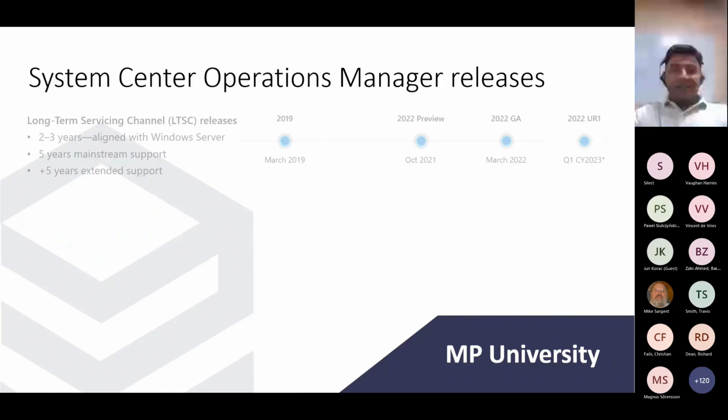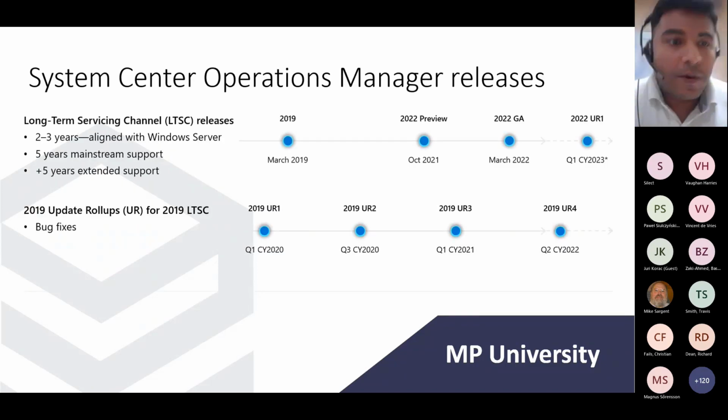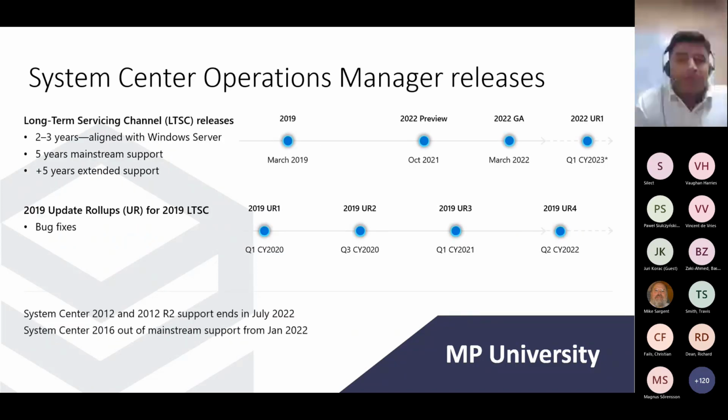I want to talk to you about the existing releases of SCOM. We know that 2016 has gone out of mainstream support earlier this year, and 2019 is in mainstream support.